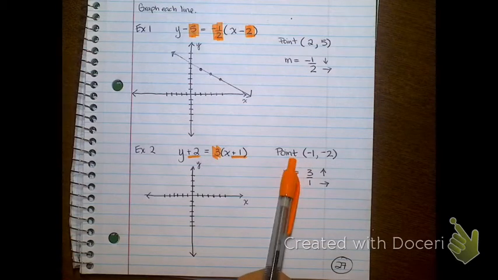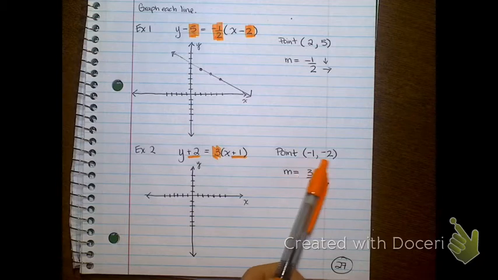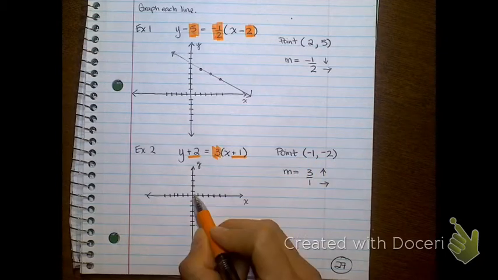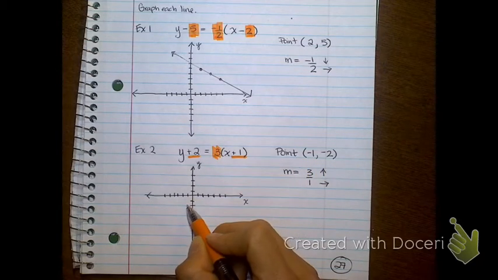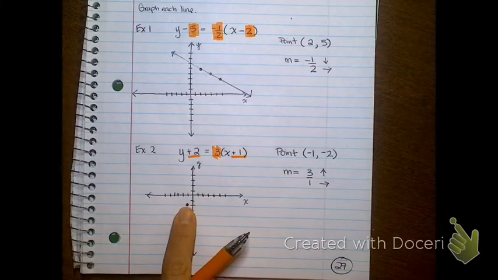Graph our point. So what's our point? -1, -2. So we're going to go left 1, down 2, and put a point there. That's our ordered pair. So this is where we're going to start.